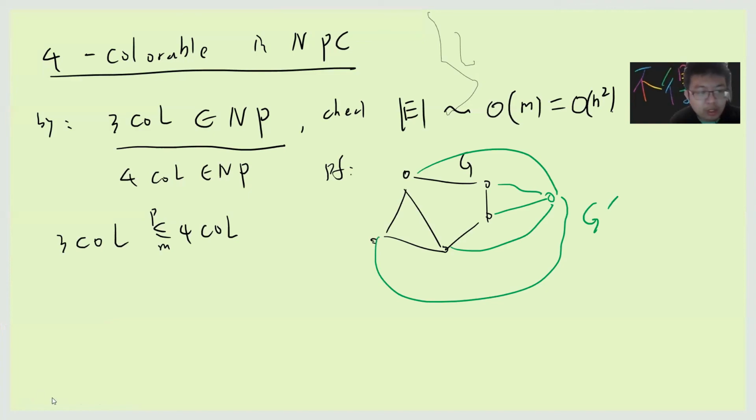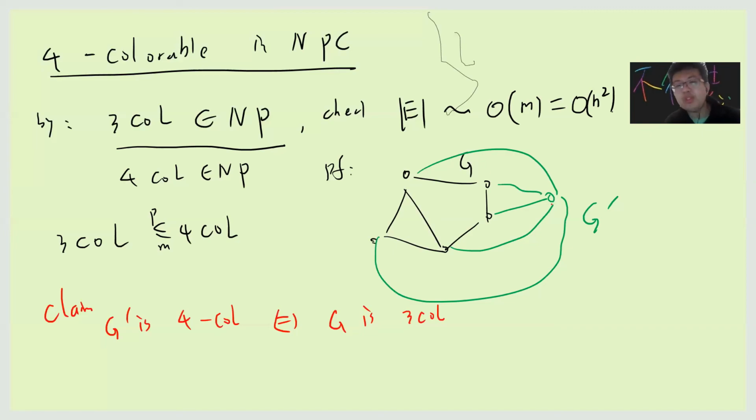My claim is that G prime is 4-colorable if and only if G is 3-colorable. Trivial: if you can use three different colors to color G, then since G prime's new node connects to every vertex, you just add another color, so G prime is 4-colorable. Conversely, if G prime is 4-colorable, then G must be 3-colorable, because the new node's color must be different from all the colors of G. So the proof is trivial.